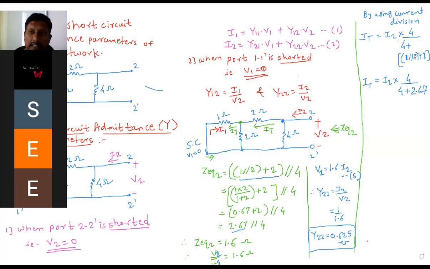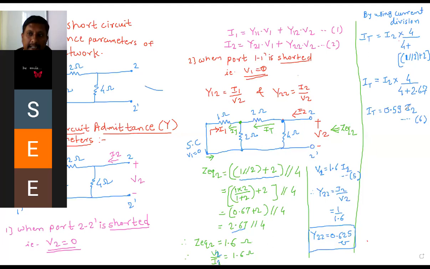Don't do the calculation again here, already you are done here. ओके. सो I2 into 4 divided by 4 plus 2.67, म्हणजेच IT is equal to 4 divided by 6.67, किती येते बघा. 4 divided by 6.67 is 0.599. Yes, so 0.59 into I2. This will give equation number 6.